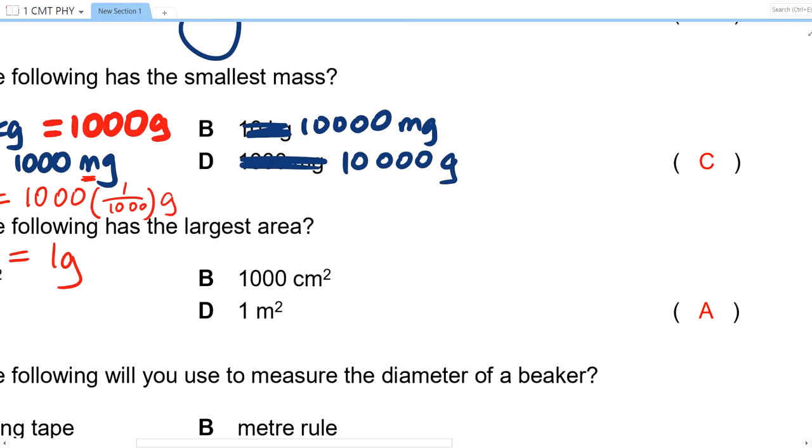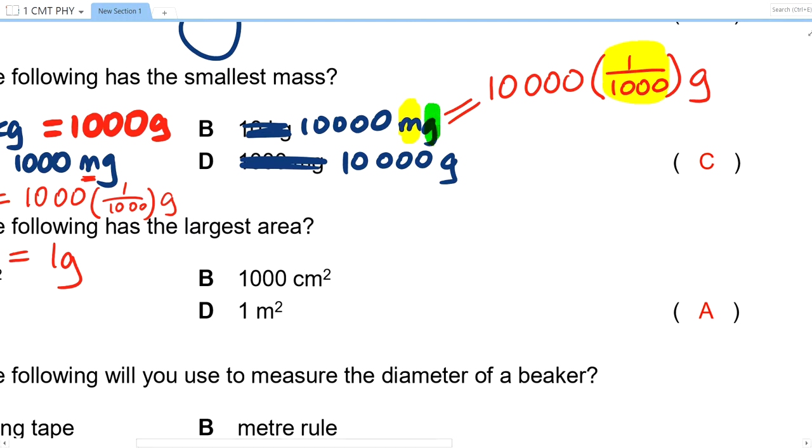For part B, you will see the answer, but it doesn't matter. We all want to learn how to do it. This over here is 10,000. Now, change the milli to a fraction. How much is that? 1 over 1000 grams. Okay, this m refers to 1 over 1000, this g refers to this g, and the 10,000 has no change.